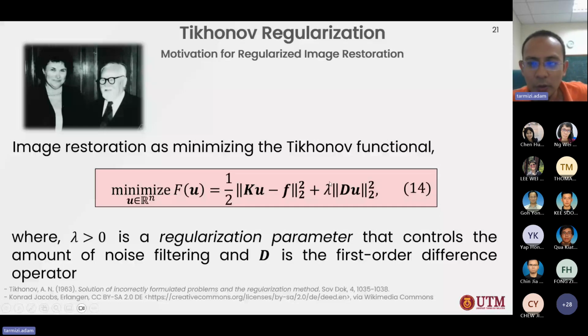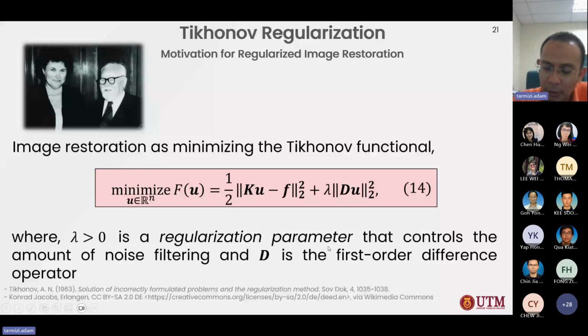This is the Tikhonov functional model, and if you minimize this, we can get the filtered image U. This parameter lambda is what we call the regularization parameter, which controls the amount of noise filtering, and D is the first order difference operator, like we discussed in the previous slide.